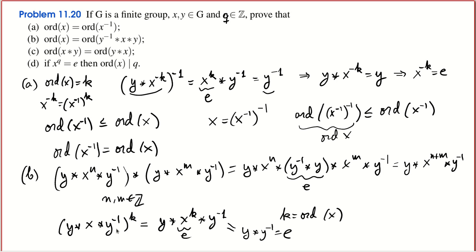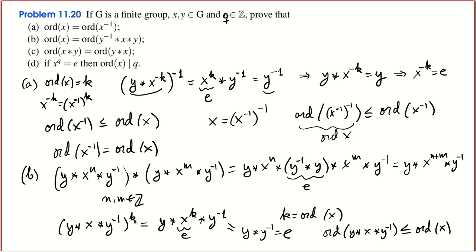So this element to the power k is equal to the identity, which proves that the order of y times x times y minus 1 is smaller than or equal to the order of x. It's the same story.